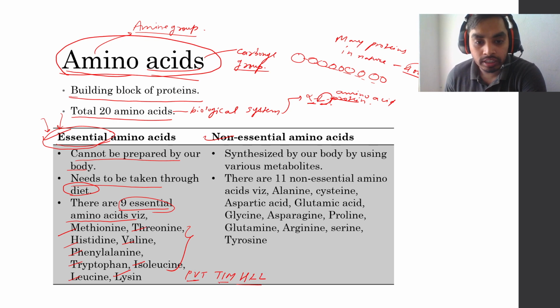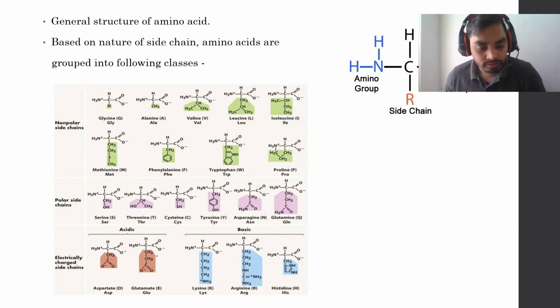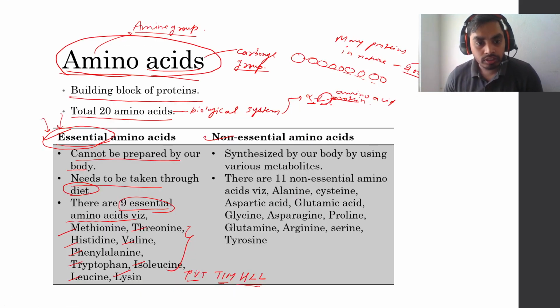P stands for phenylalanine, V stands for valine, T stands for tryptophan, this again T stands for threonine, I stands for isoleucine, M for methionine, H for histidine, L for leucine and L for lysine. So we can remember it as PVT TIM HALL.